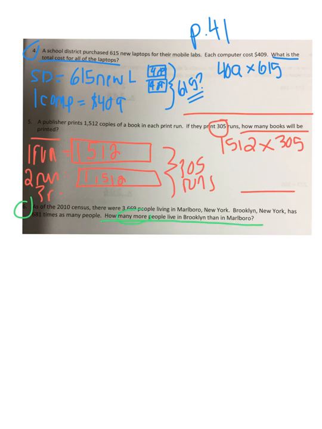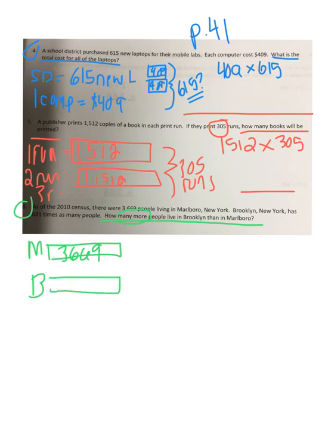I think that's going to be important because it's not just asking me how many people live here or here. It's asking me about the difference. So what do I know? It says, here's Marlborough, New York. They have 3,669. It says that Brooklyn has 681 times as many people.